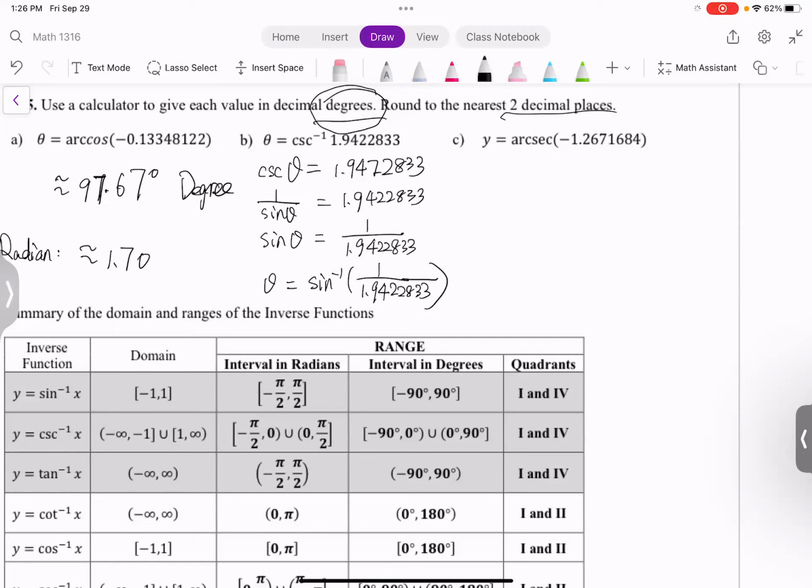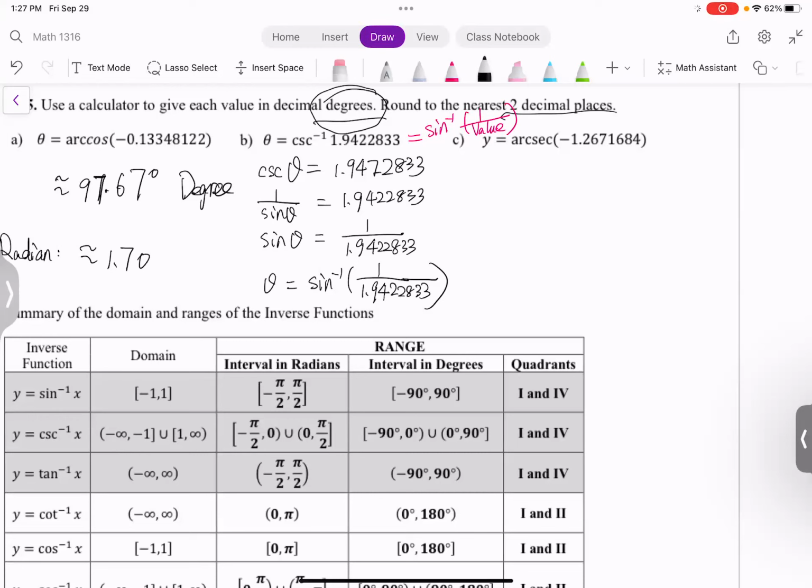I can make a conclusion that every time I find this, I can find the inverse of sine of 1 over this value. So the rule is to find the inverse of sine of 1 over that value.